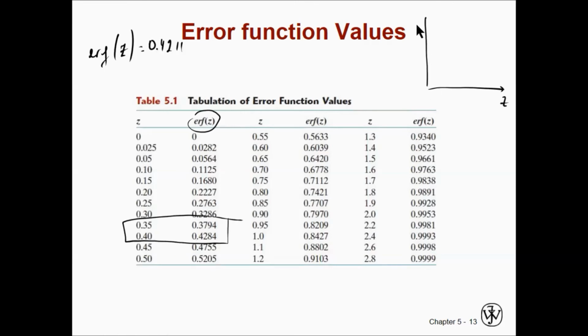Let's draw this. If this is the z axis and this is the error function z, when z is 0.35, and when z is 0.40, so one value is here, another one here.